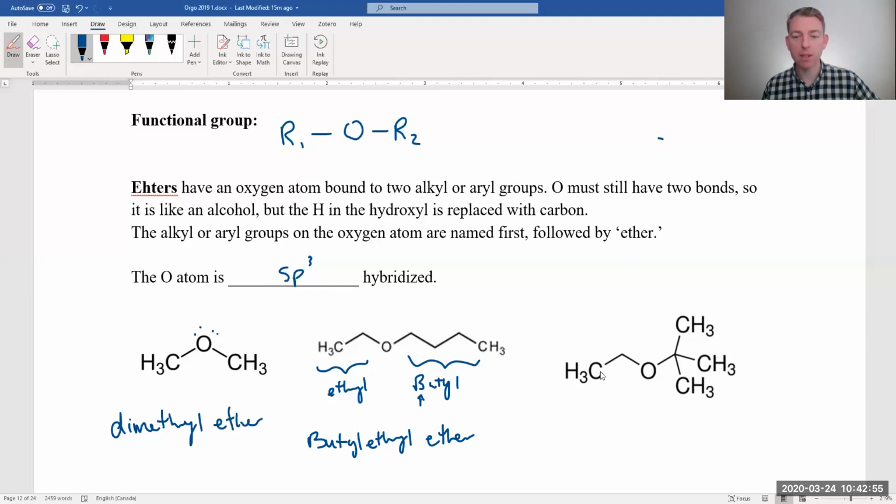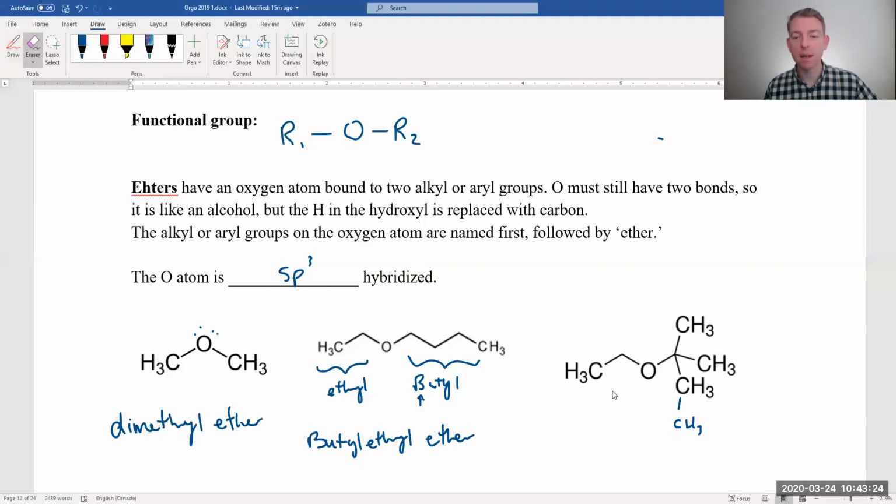Of course, here we've got the same number of carbons, so still 1, 2 on this side, still 1, 2 carbons on that side, 1, 2, 3, 4 carbons on the other side. So still a butyl, but we see that they're connected differently, right? So this, if it were a propane, we would say isopropyl, or if one of these carbons was connected in a chain like that, we would have a different name for it.